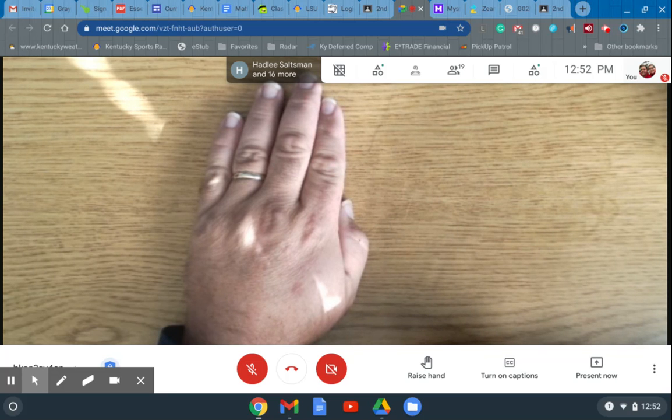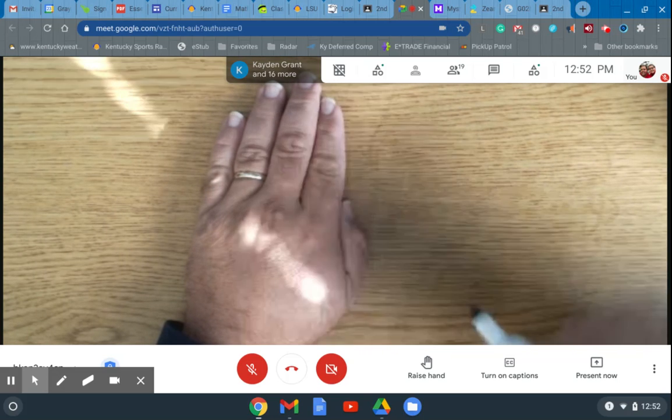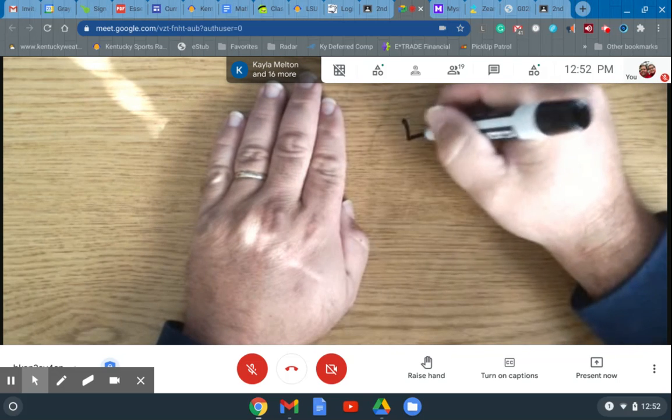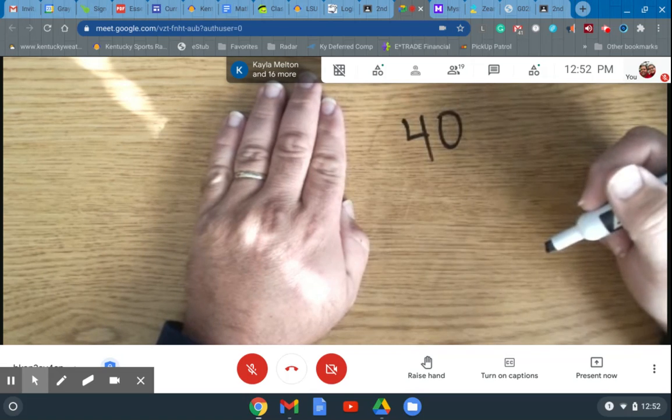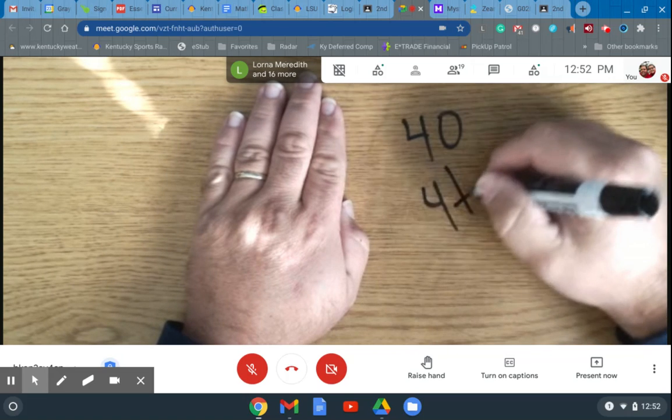Wesley. You have 4 tens. Okay, that's what it looks like. How much is it though? 40. 40, exactly. He says I have 40, and it looks like 4 tens.